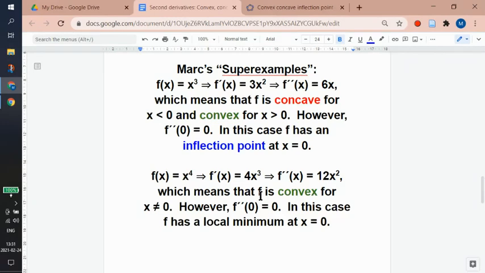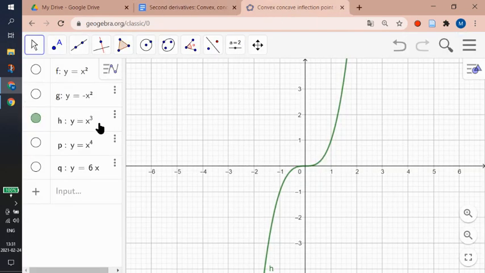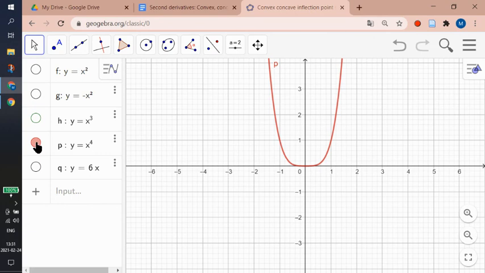So f is convex for all x except x equals 0, that is, for x not equal to 0. However, again, the second derivative is 0 when x is 0, but in this case there's a local minimum when x equals 0, as we see from this graph.